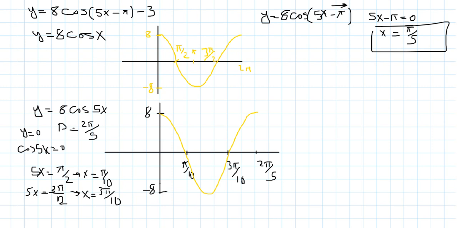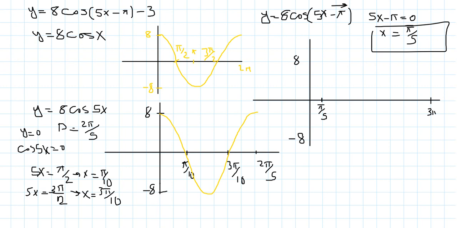So I have this graph, and again minus 8, and 8 doesn't change. It only starts from pi over 5 and it will finish at 3 pi over 5. Why? Because the period is 2 pi over 5, plus pi over 5. It will be the end of the graph.